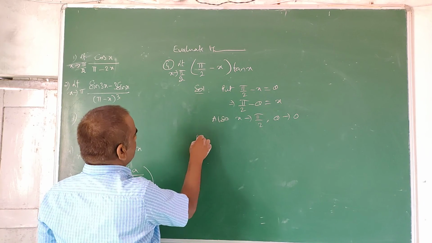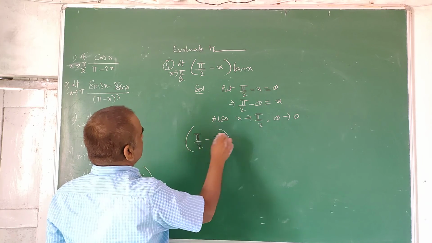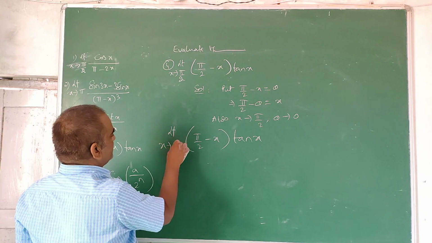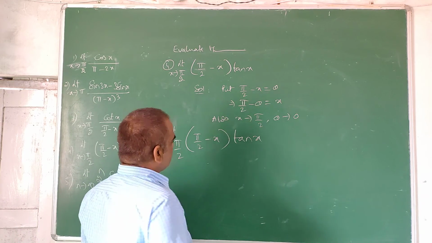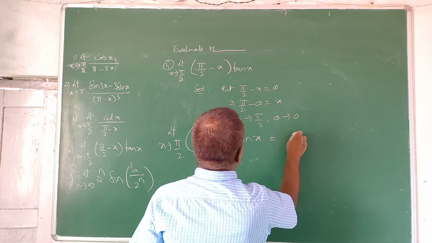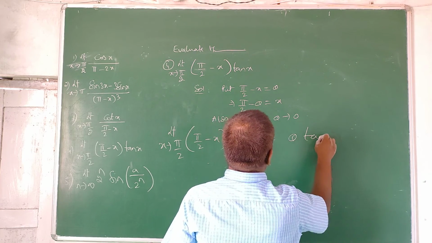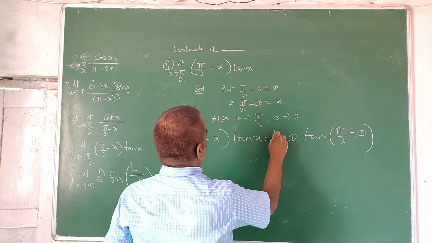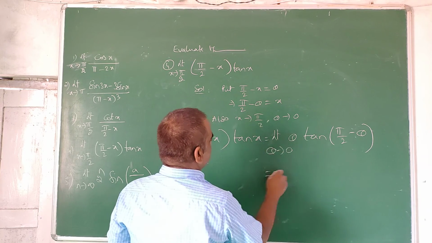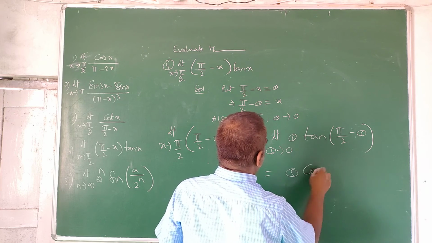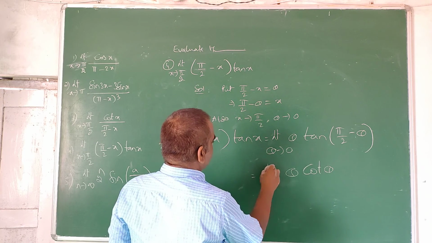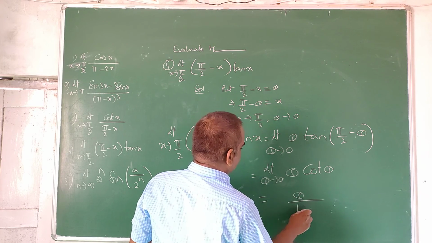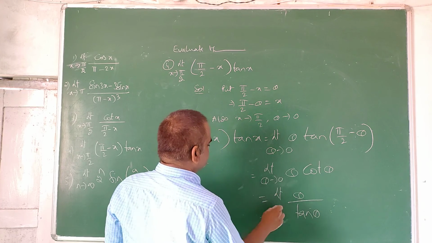So now this is equal to theta into tan of pi by 2 minus theta, limit theta tends to 0, which is theta into cot theta, which is theta by tan theta, limit theta tends to 0.